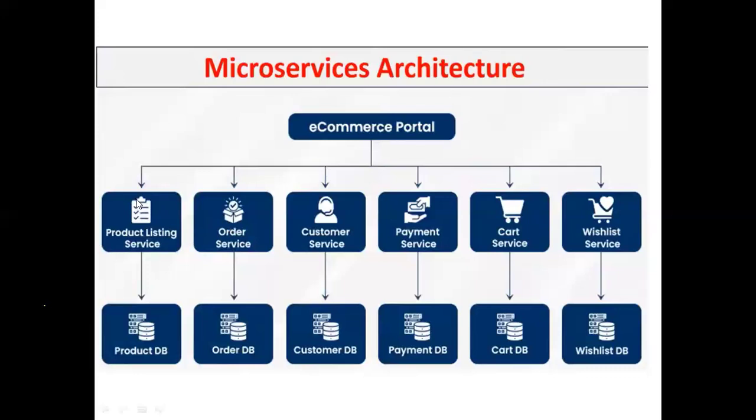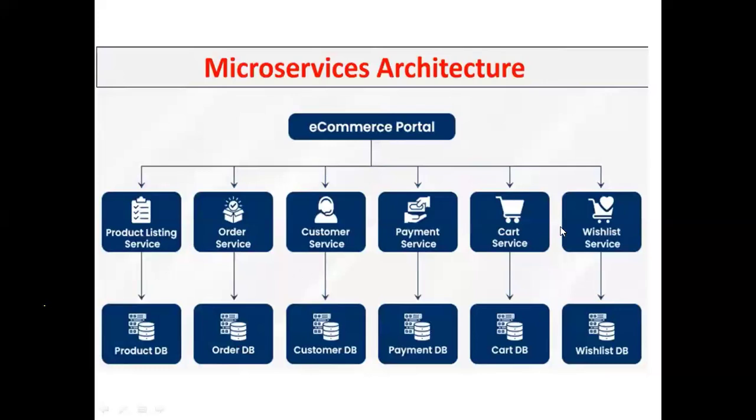And you can check, just like the product listing service has its own database, the order service has its own database, the customer service has its own database. So there are multiple services. This means in one project you can have multiple projects, and each project acts as a separate service for your application.